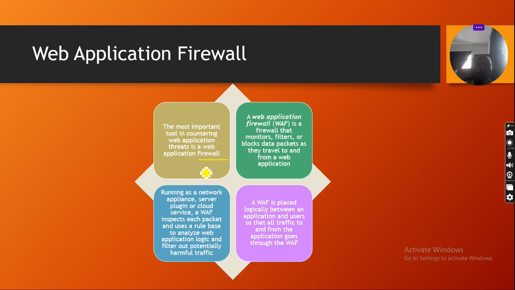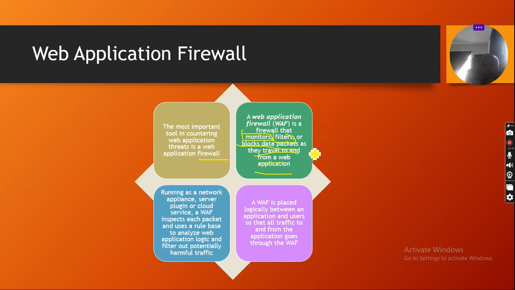A web application firewall, which we simply call WAF, is a firewall that monitors everything on the website, filters what is on the website, and blocks data packets as they travel to or from a web application. They block packets if they suspect anything.